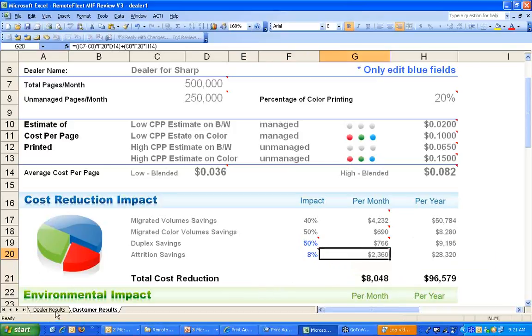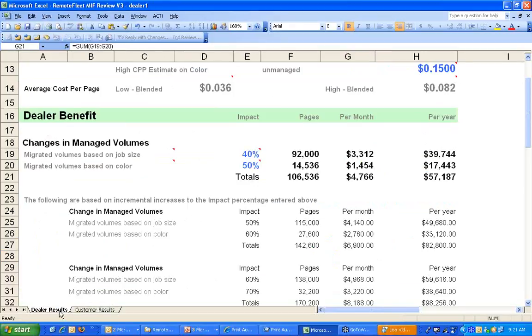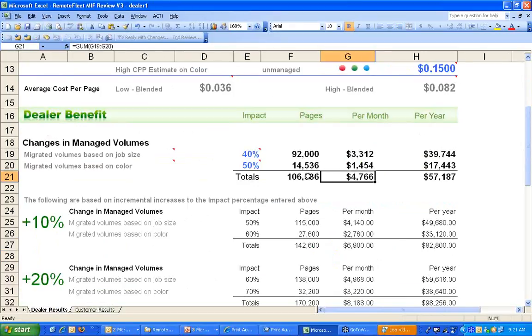Now, let's go back to the dealer results, because this number actually feeds back into your total volume. So if attrition seems like a bad word to you, just remember that the print management capability was actually migrating an additional 115,000 pages a month. It's now dropped down to 106,000 pages a month as a result of the attrition.